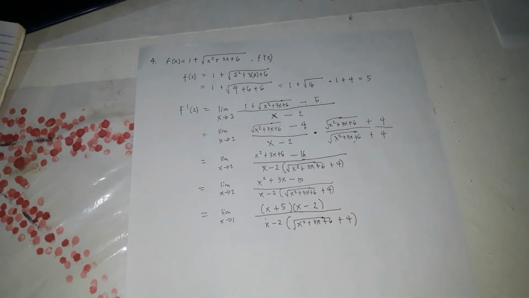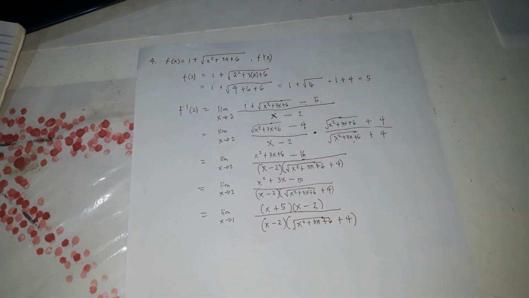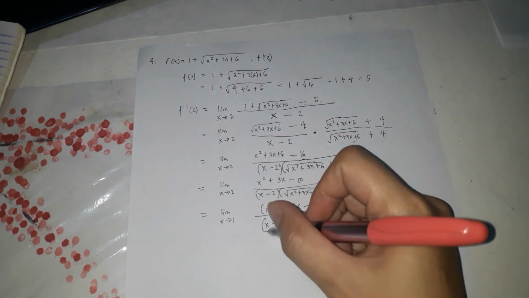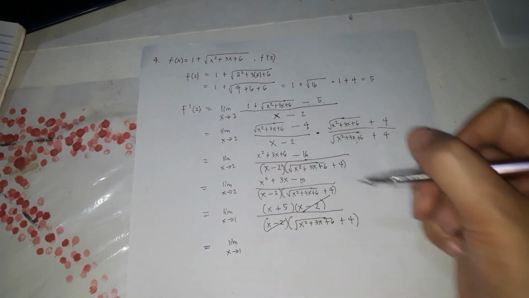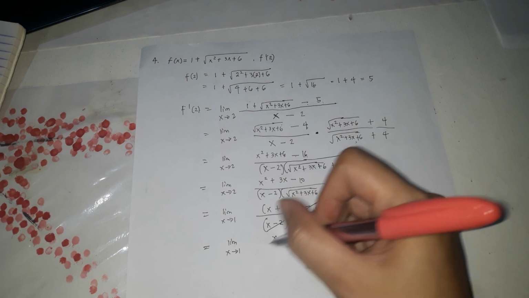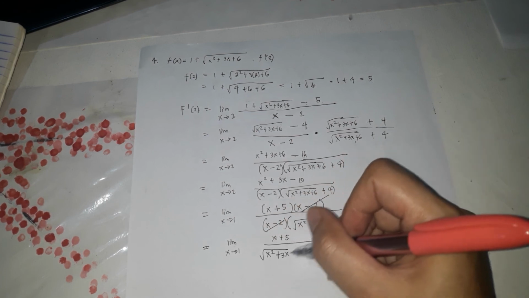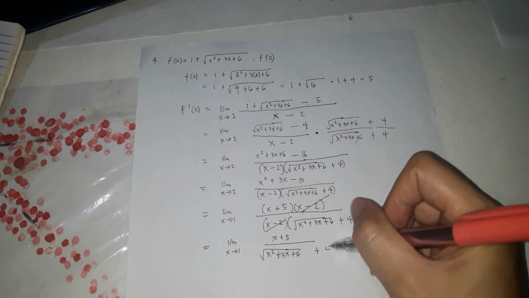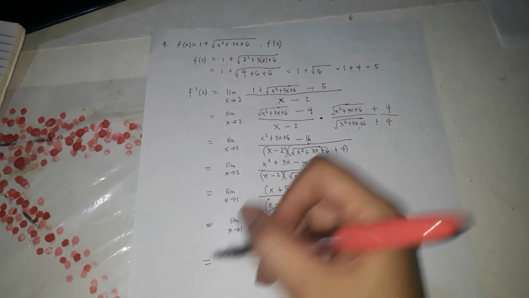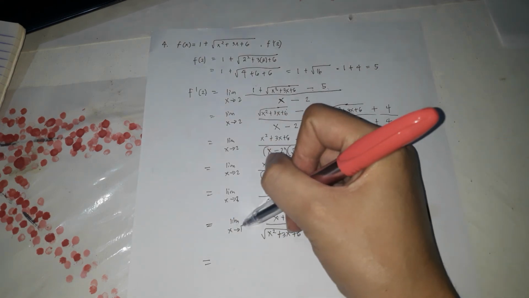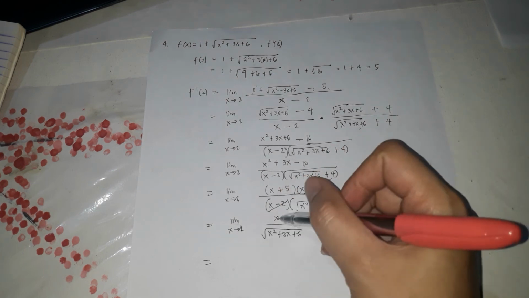So do we have something to cancel? Yes. What we can cancel is x minus 2. So this is equal to the limit as x approaches 2. What remains there is x plus 5 over square root of this one plus 4. Because it's a simplified form already, we substitute x with 2.